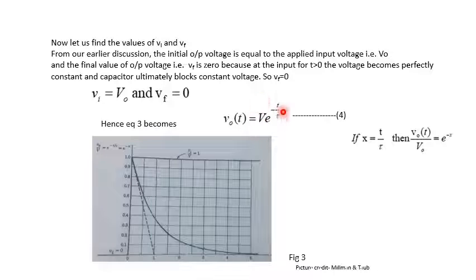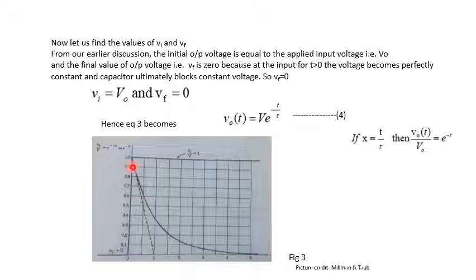By mistake, this term which should be V naught here is misprinted here. So at this point, it should be V naught instead of V. And if we suppose x is equal to t upon tau, then this equation becomes V naught t upon V naught is equal to e raised to the power minus x.